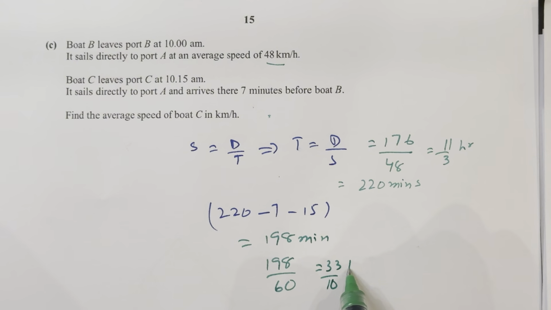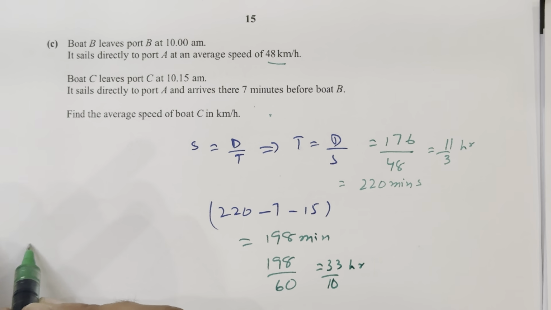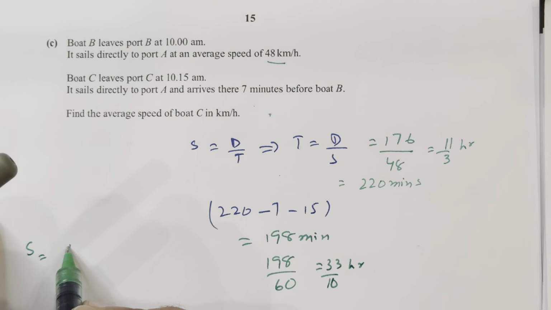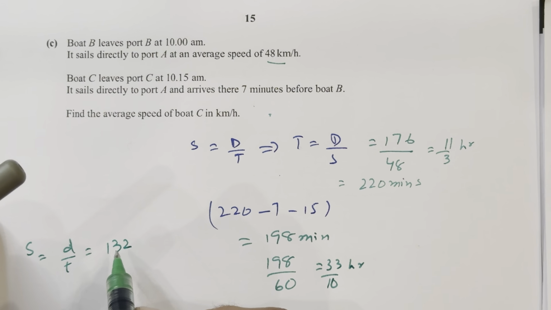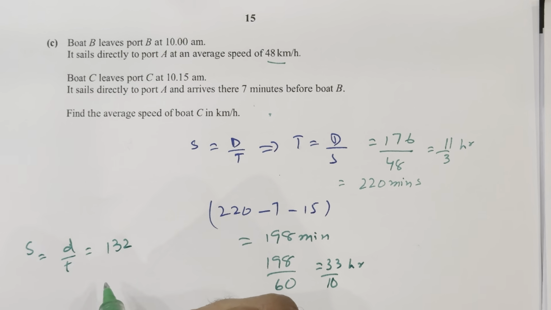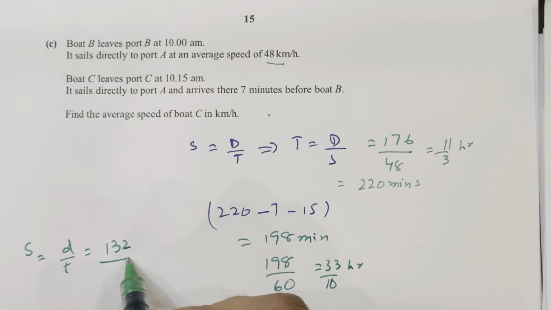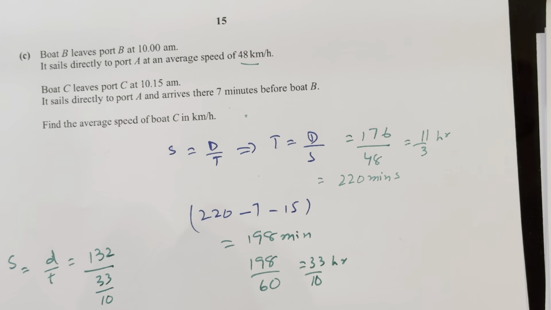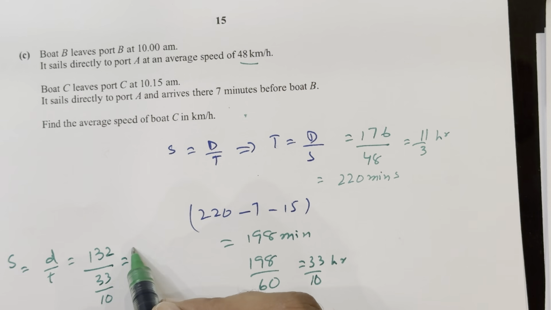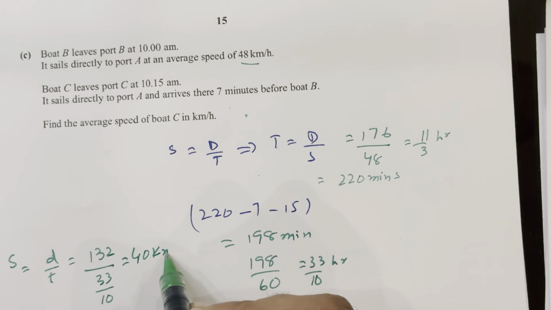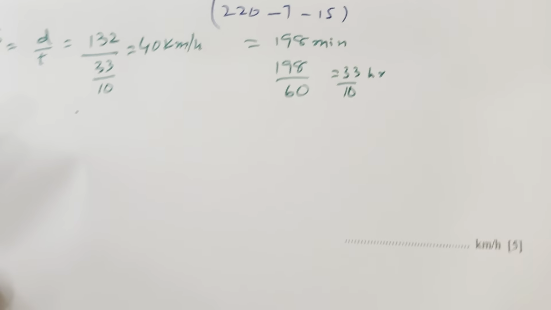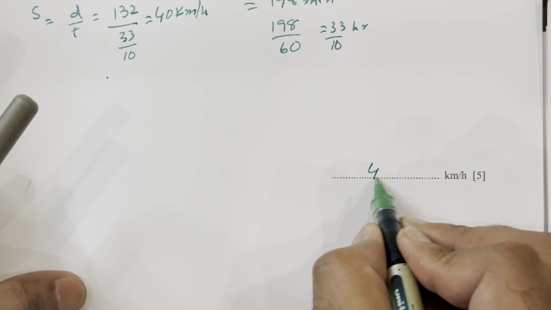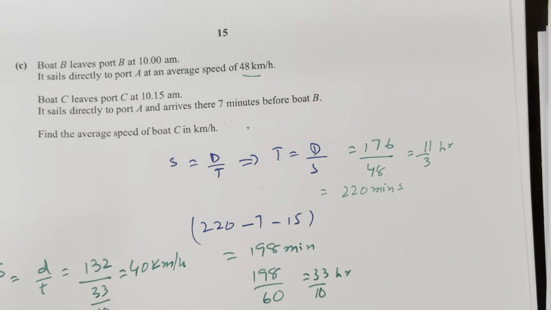So the formula for the speed is equal to distance by time, and distance is 132 between A and C, that is given in the diagram, and the time is 33 by 10. After solving it, you get 40 kilometers per hour. So this is our final answer, 40 kilometers per hour.